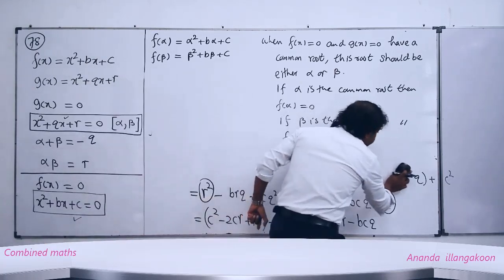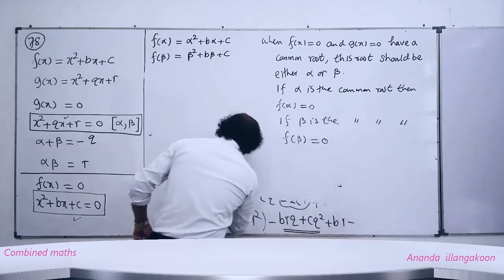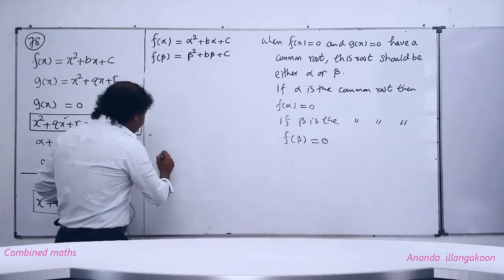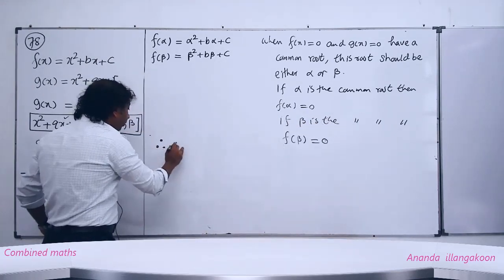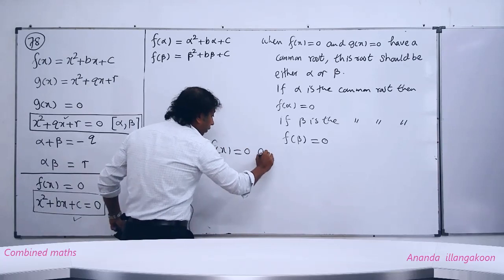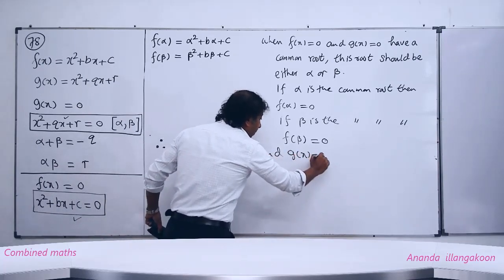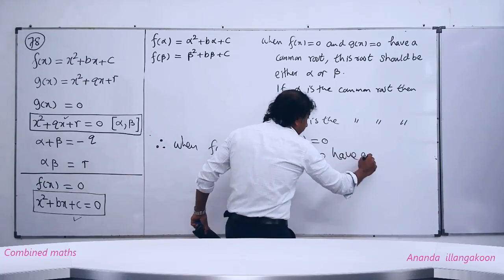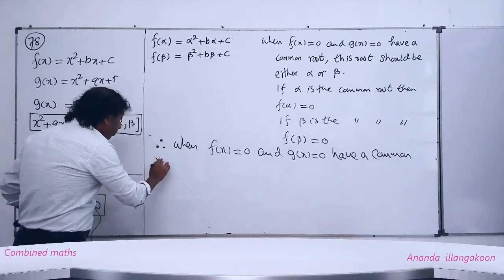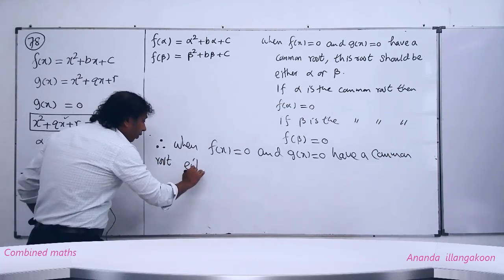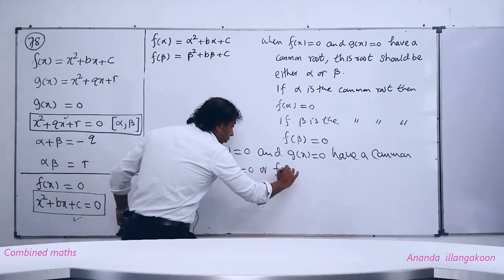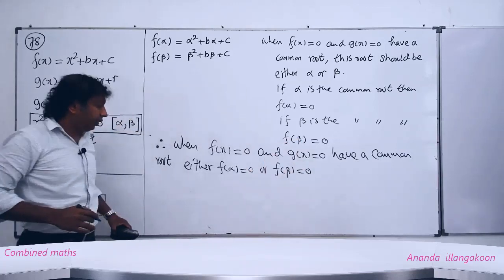And therefore, when f(x) = 0 and g(x) = 0 have a common root, either f(alpha) = 0 or f(beta) = 0.